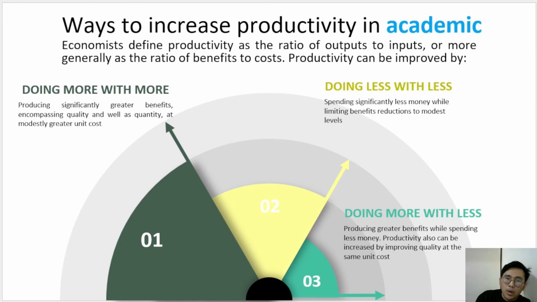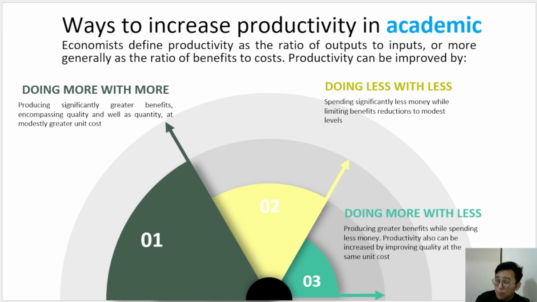So I would also like to give you some tips on ways to increase productivity in academics. We know that economics defines productivity as the ratio of outputs to inputs. So the higher the outputs relative to the inputs, the better the productivity is, or, more generally, the ratio of benefits to cost.